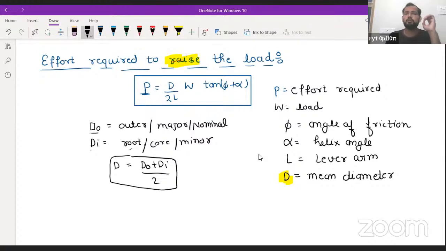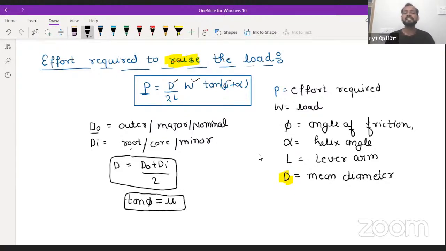In most questions you will get the mean diameter, W, and helix angle. Sometimes you will not get the angle of friction, but the coefficient of friction is given, and as you know the coefficient of friction is equal to the tangent of the angle of friction. So from here you can easily calculate the angle of friction.